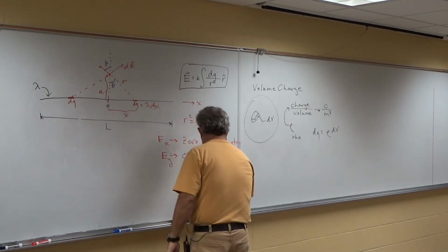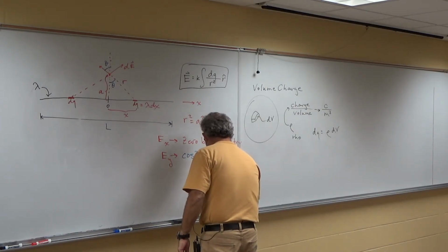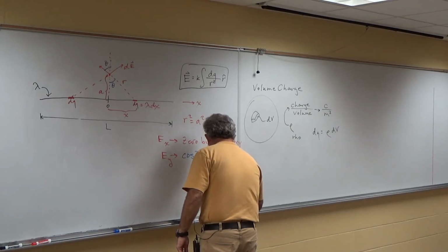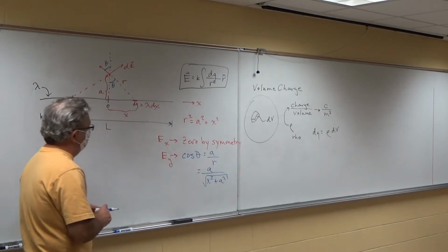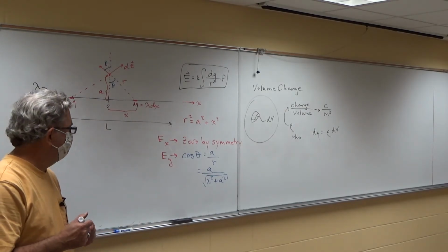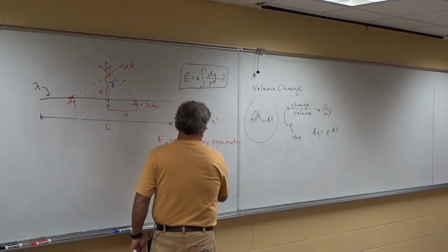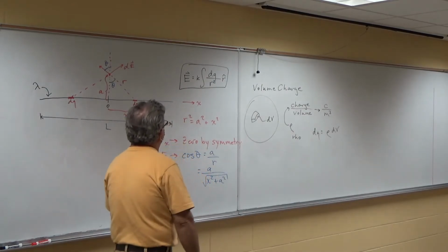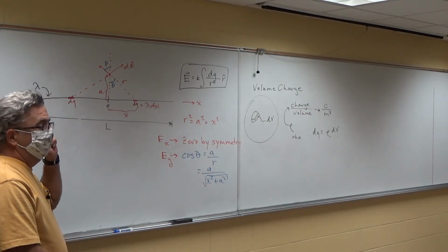So this is equal to A over the square root of x squared plus A squared, underneath the radical, right? Can you see that? That's an A. So now I think we have everything that we need.